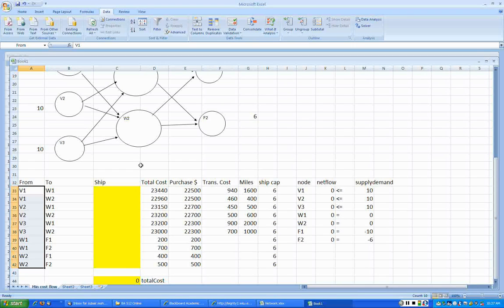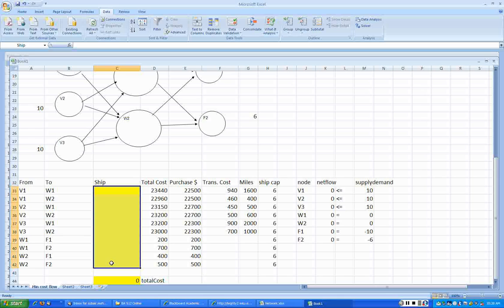Okay, range naming is a convenient way over here. So the simplest way is to highlight the range and type the name. Like here I would highlight all this range, then type in this box "from". Likewise there is another range name that I have given, and this is "to". And another range name is the decision variable, which is "ship".